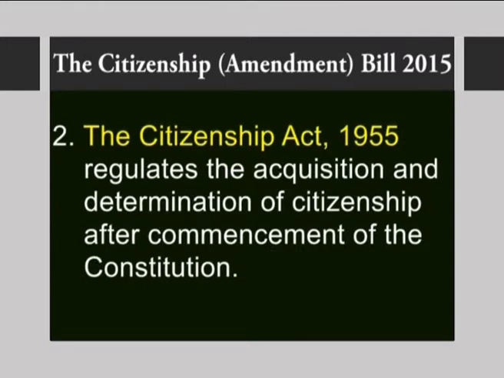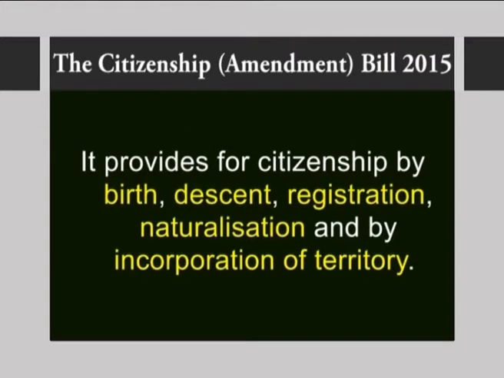The Citizenship Act 1955 regulates the acquisition and determination of citizenship after commencement of the Constitution. It provides for citizenship by birth, descent, registration, naturalization and by incorporation of territory.